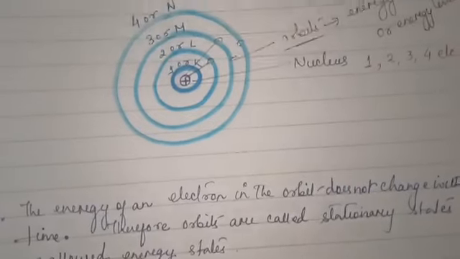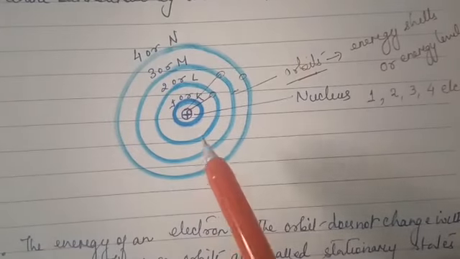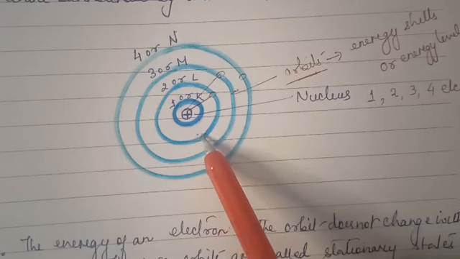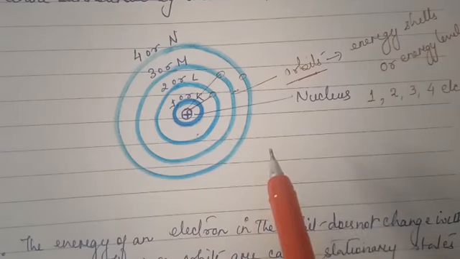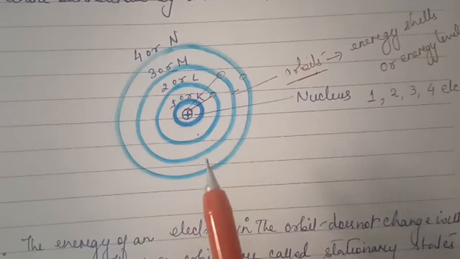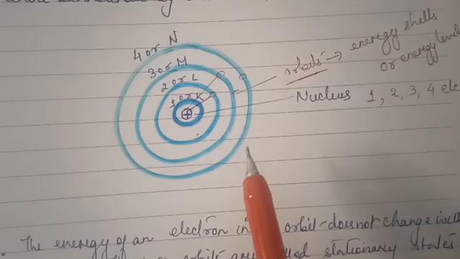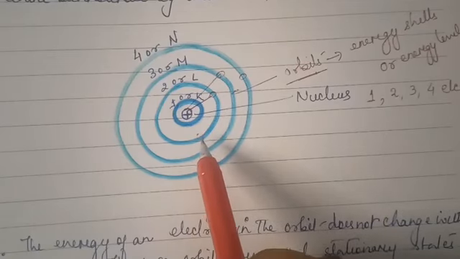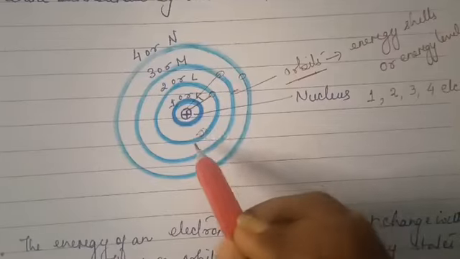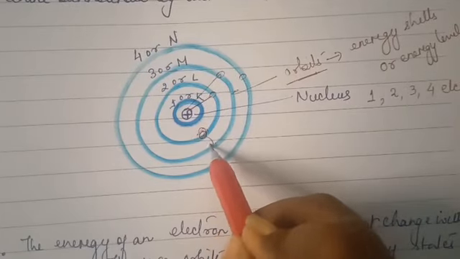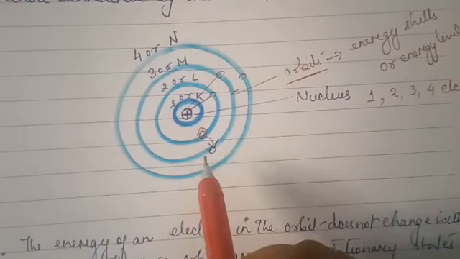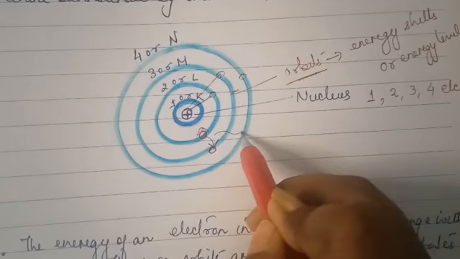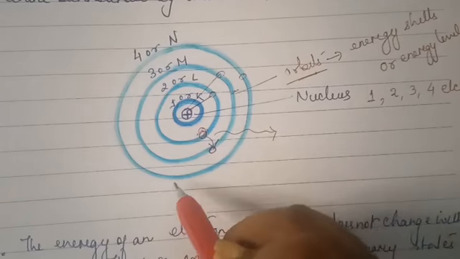When the electrons are in their original energy level, they will not emit or absorb any energy. Once these electrons are excited and jump from one orbit to another, energy is emitted or absorbed.